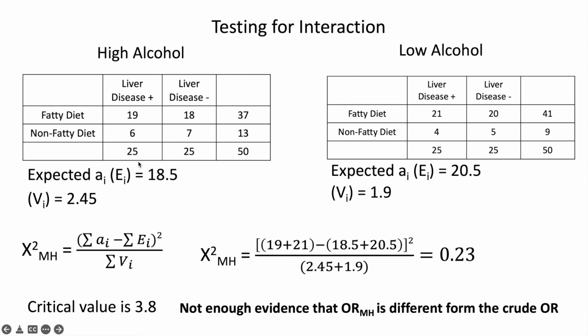Combined with how underpowered the study is, it wasn't enough evidence to determine that they were two different numbers. Ultimately you would probably be using regression to find this, and you'd probably have a much larger sample size. But in this scenario, using this method, if this was the criteria you're using, what we would settle on is basically that alcohol wasn't a confounder.